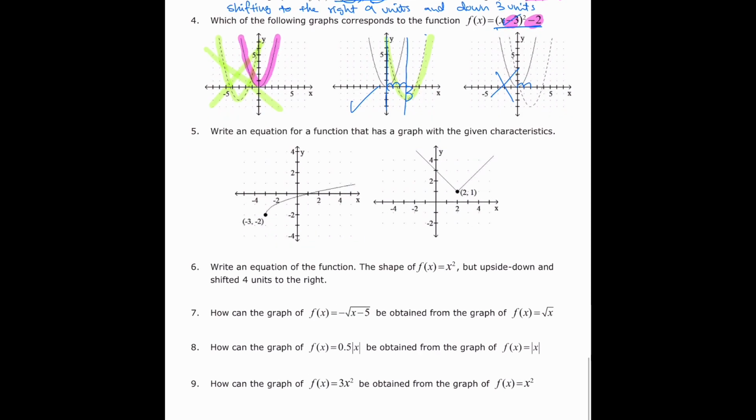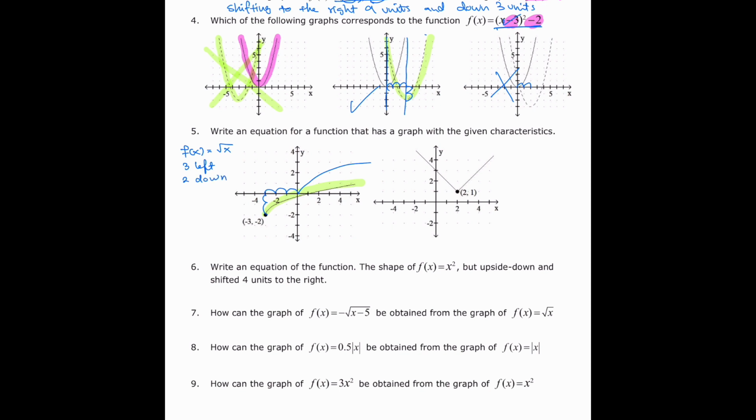Write an equation of the function that has the graph with the given characteristics. I can recognize the parent function for this graph, which is the square root. So the parent function f of x equals square root of x, and it is usually here. Now that graph moved 1, 2, 3 units to the left, and then it moved 1, 2 units down.